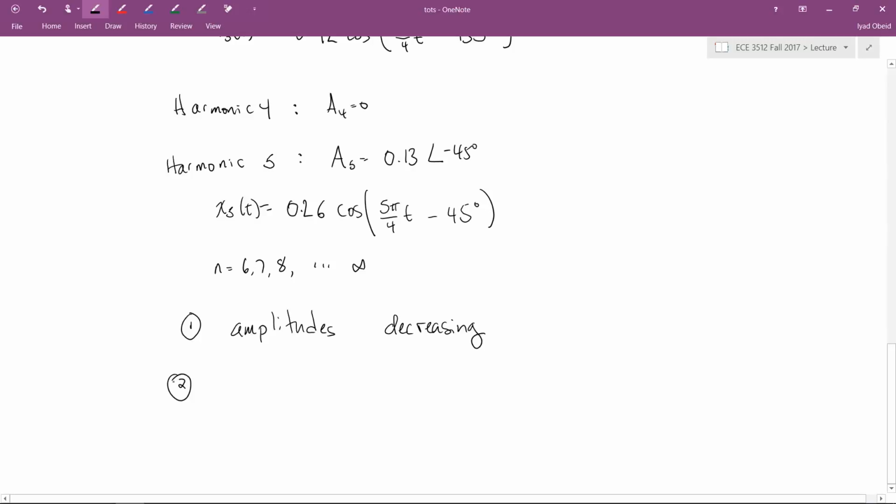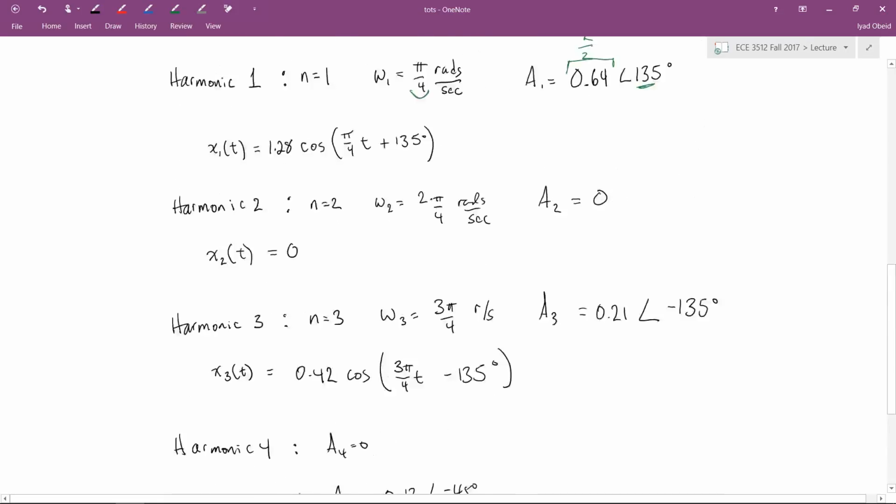The second thing I want you to notice is that we've discovered that in this specific case, our even harmonics are zero. And that's interesting. Okay, there's a pattern there. And I'd like you to think a little bit about why that is.